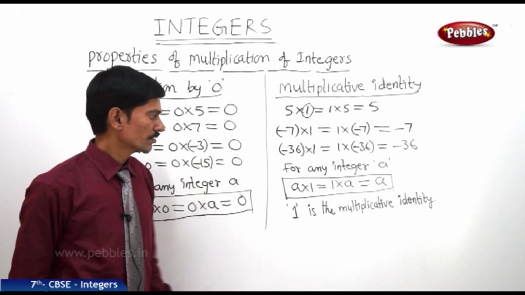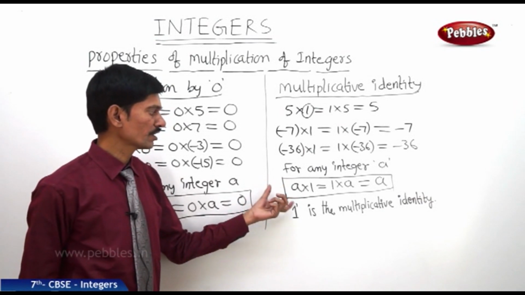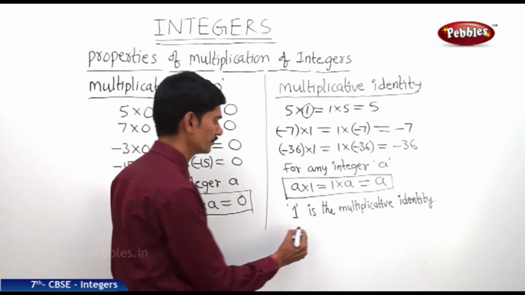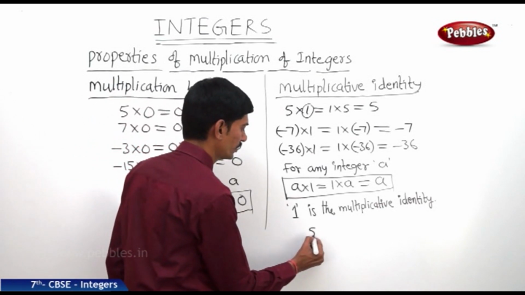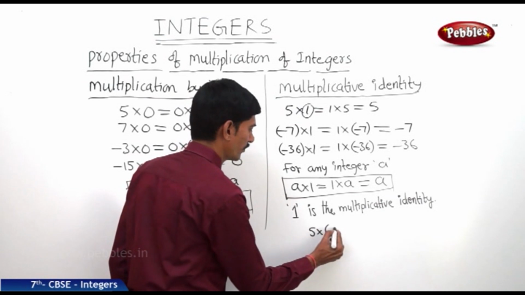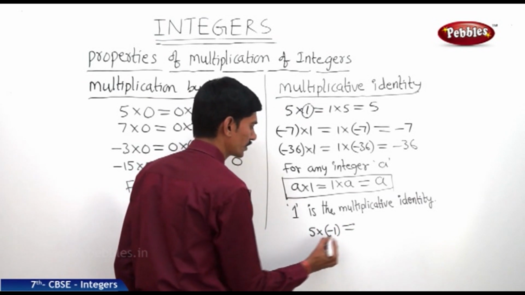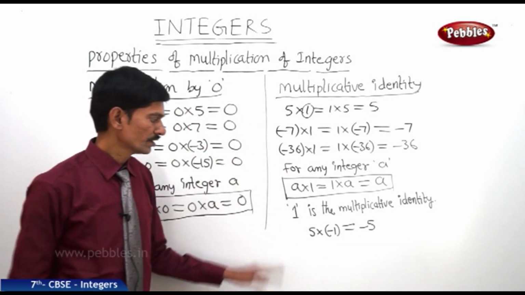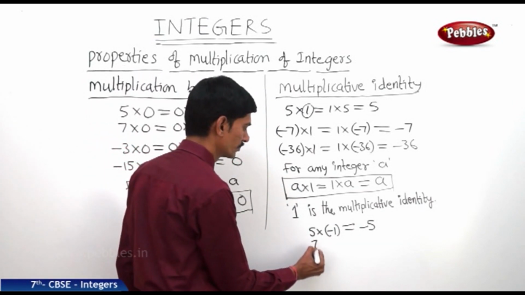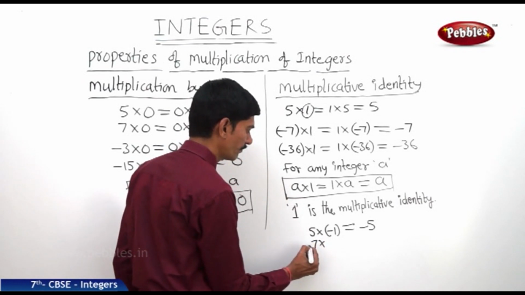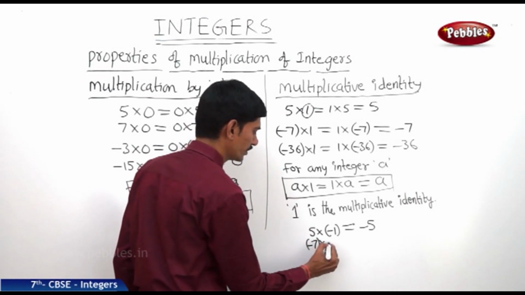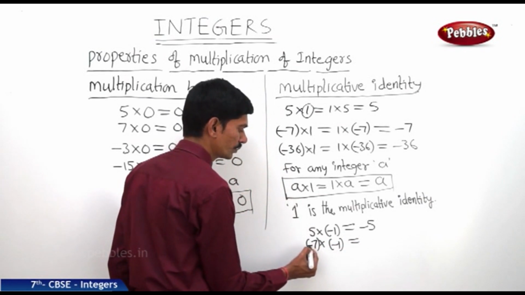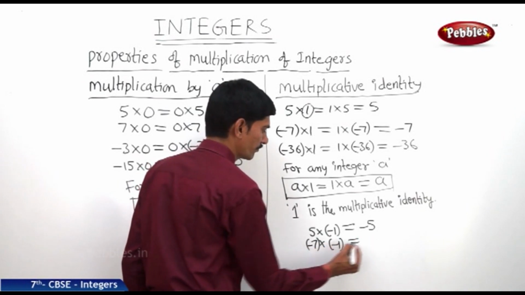So when you multiply any integer by -1, will you get the same integer as the product? Now let us check this. When 5 is multiplied by -1, then you will get the product as -5, but not 5 itself. If you multiply -7 by -1, then here the product of two negative integers is positive and 7 ones are 7.